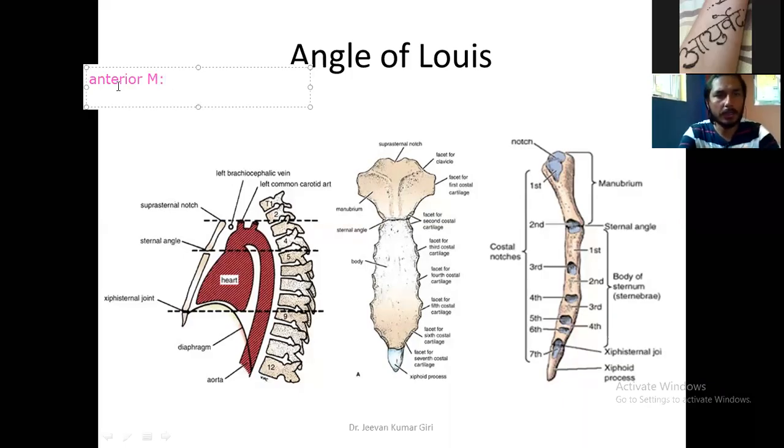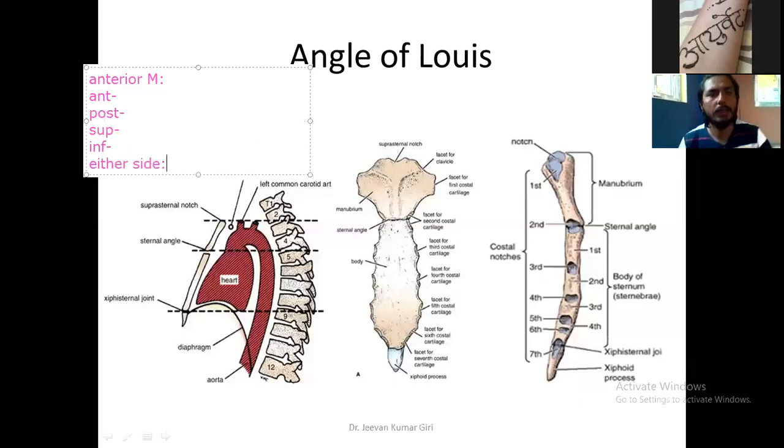Again, it has an anterior boundary, posterior boundary, superior boundary, inferior boundary, then either side, or two lateral boundaries also we can take.